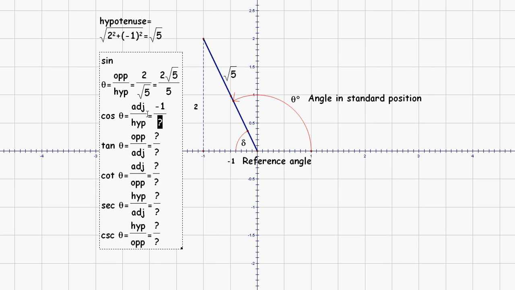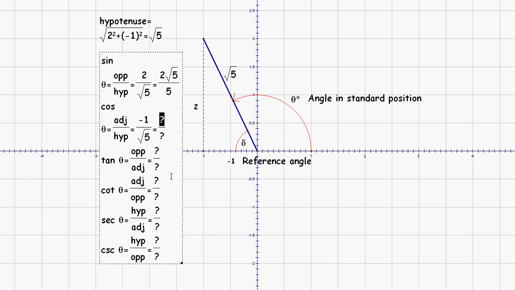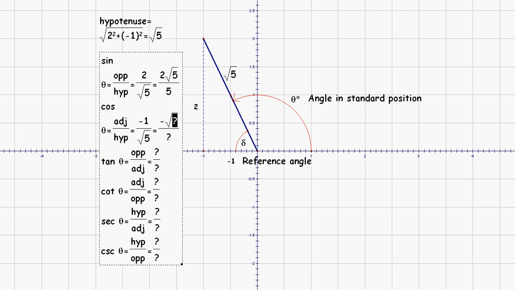And again, because we can't leave the fraction with the radical in the denominator, we're going to multiply both top and bottom by the square root of 5. So this turns into the ratio of negative square root of 5 over 5.